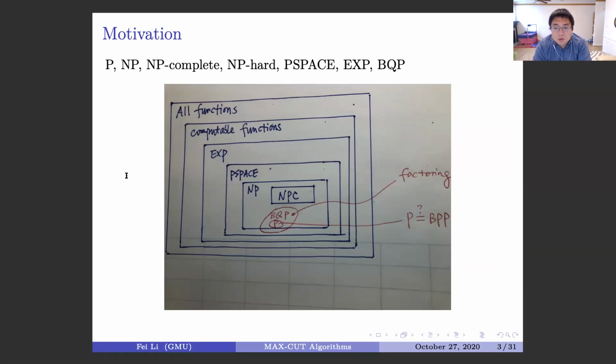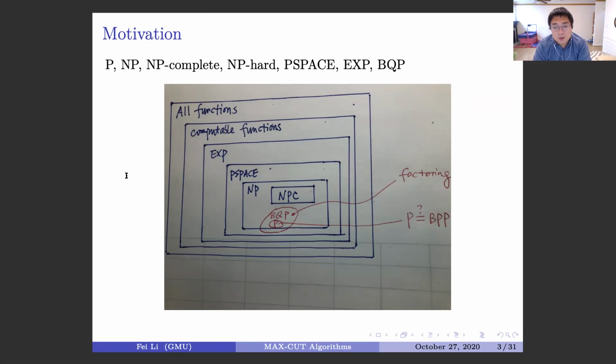So far we still do not know whether the quantum algorithm can perform much better than the polynomial time algorithms.